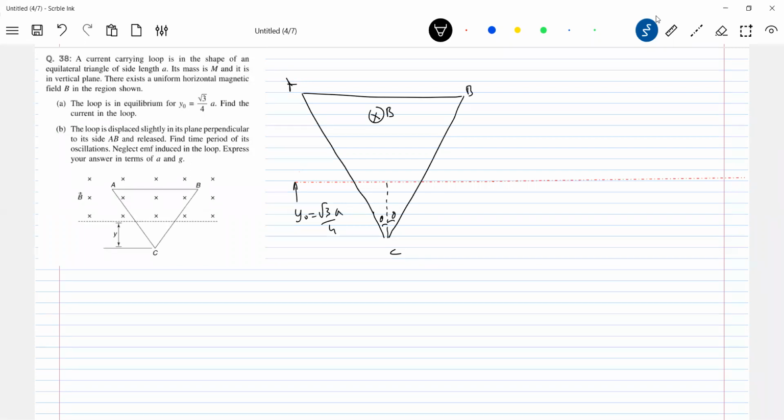In what direction must the current be? The current must flow in this direction. And it is asking for equilibrium, what should be the magnitude of current? Then how to calculate? So A, B, C, no. Come to these points here, P1 and P2.